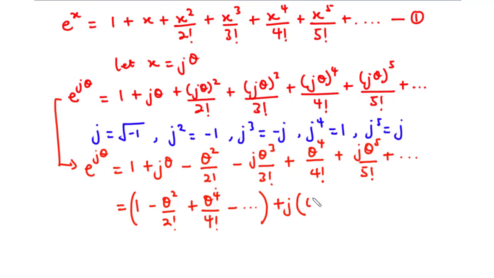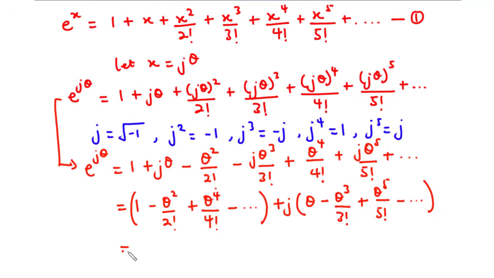So we have theta, and then we move on to minus theta cubed divided by 3 factorial plus theta exponent 5 divided by 5 factorial, and so on and so forth.